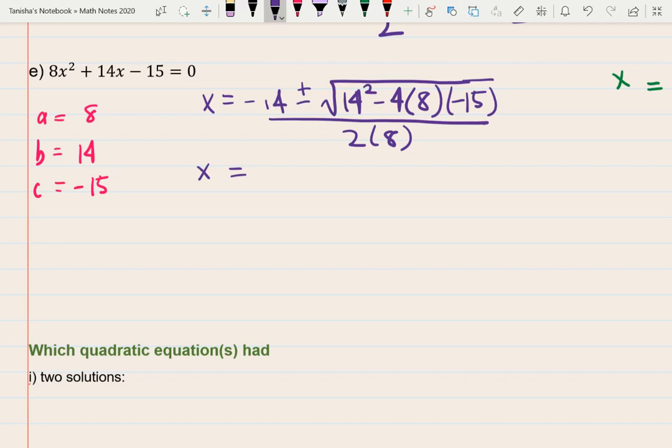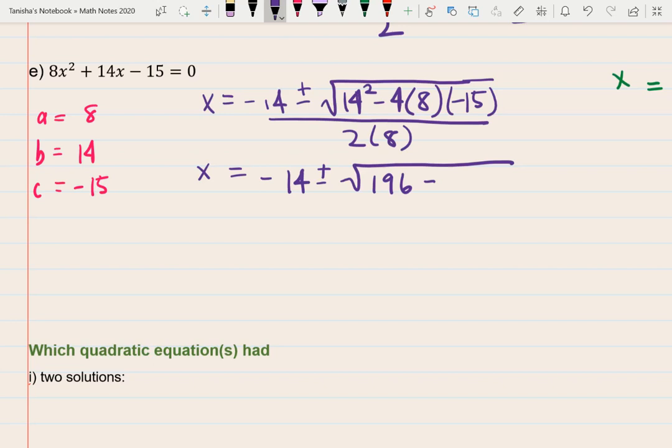Evaluating this, we get -14 plus or minus the square root of 14 squared is 196 minus 4 times 8 times -15.